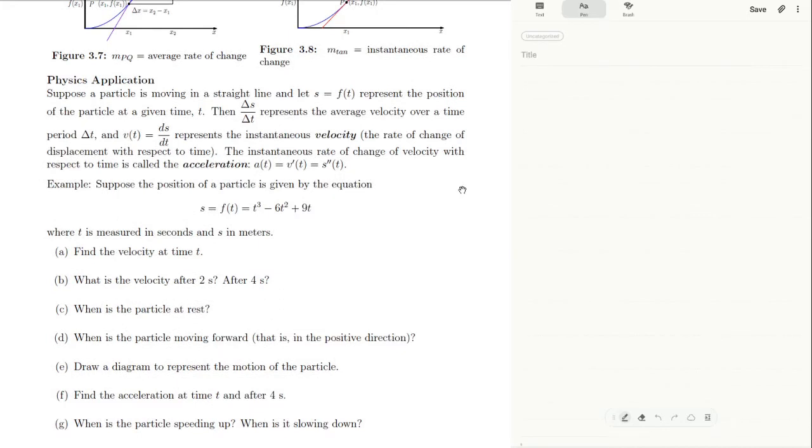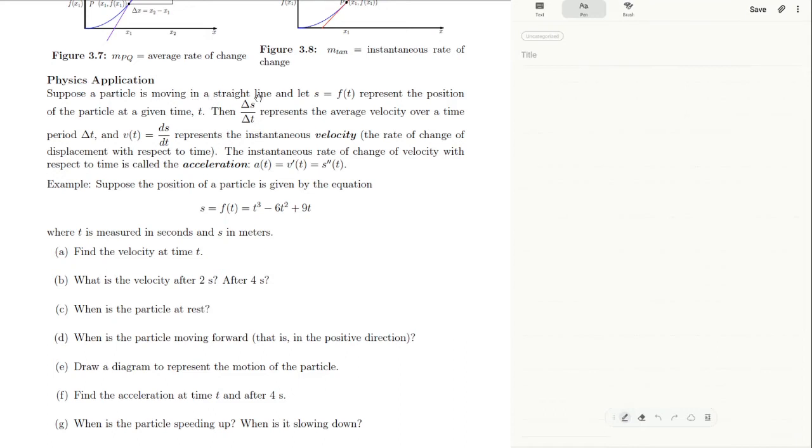So now let's have a look at a physics application of the derivative. So suppose that we have a particle which moves in a straight line, and we'll let the function s of t represent the position of the particle at a given time t.